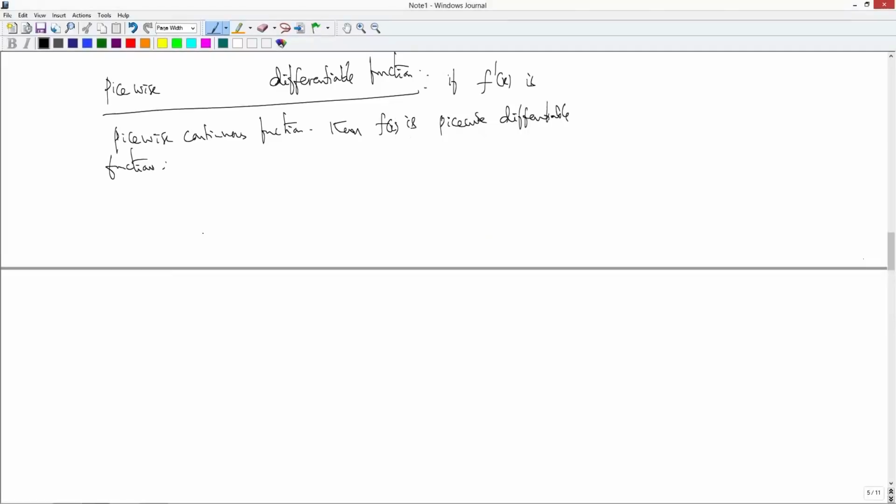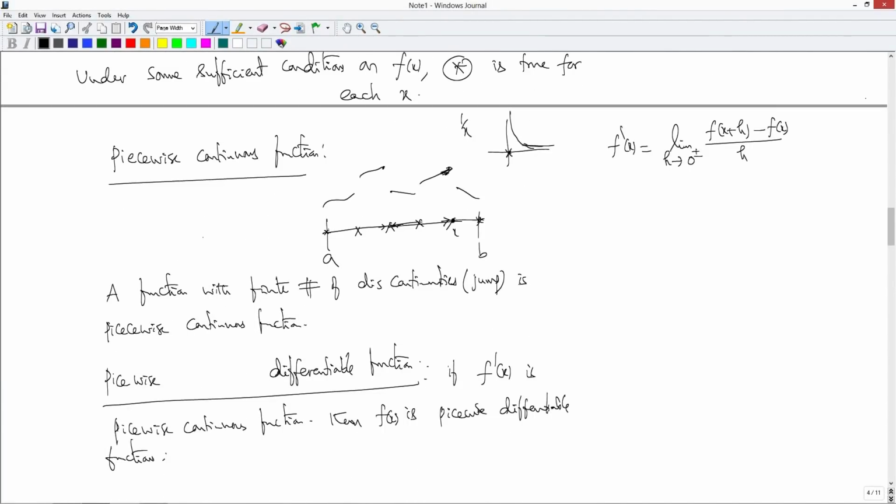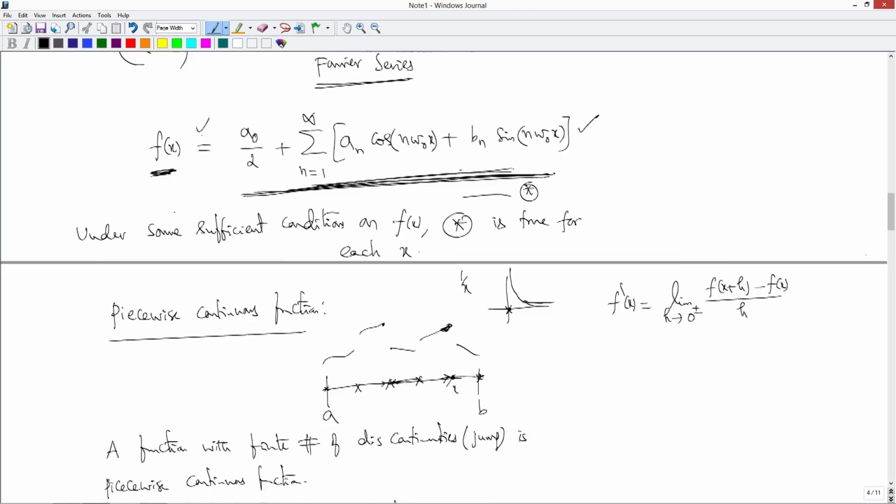For the time being, if you assume this result under these conditions, that f is a piecewise differentiable function, you can believe that the series you calculate converges pointwise to f of x. This we will prove in later videos.